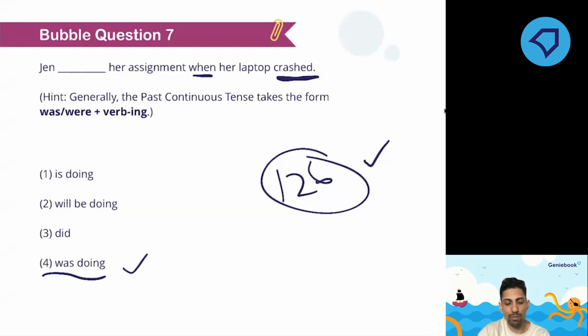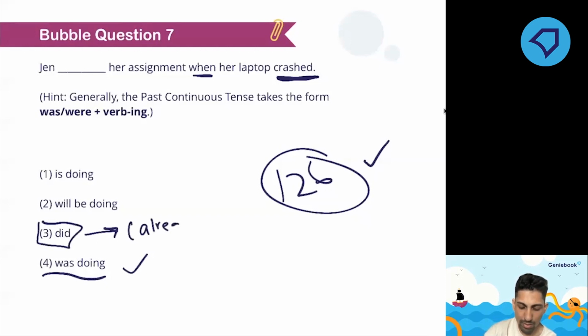We have to have a continuous event. You know why? Because if you say Jen did her assignment, then it's already done. It doesn't quite match this sentence. Then Jen did her assignment when her laptop crashed. Right? Doesn't make sense.